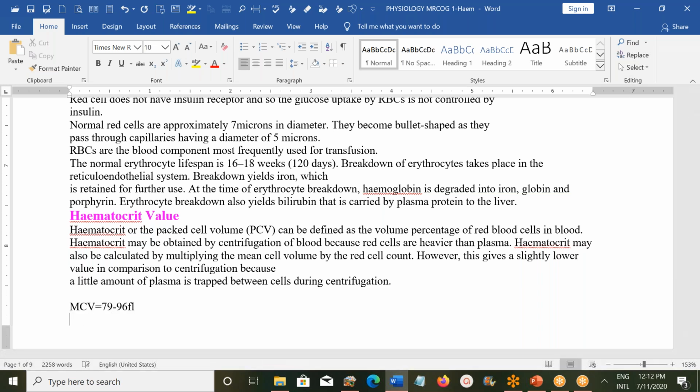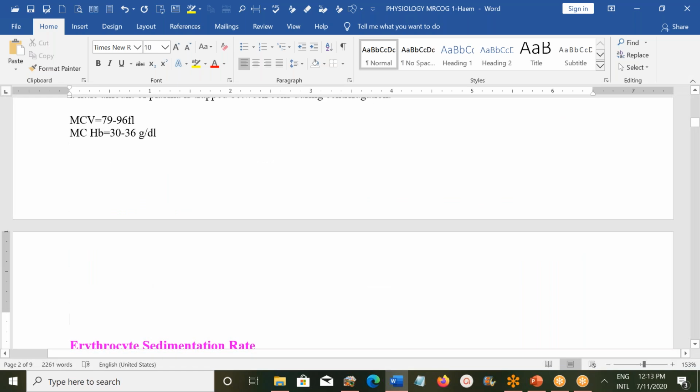Then another important concept is mean cell hemoglobin concentration. What is its value? That is 30 to 36 grams per deciliter. Remember, now we are mentioning it in deciliters.